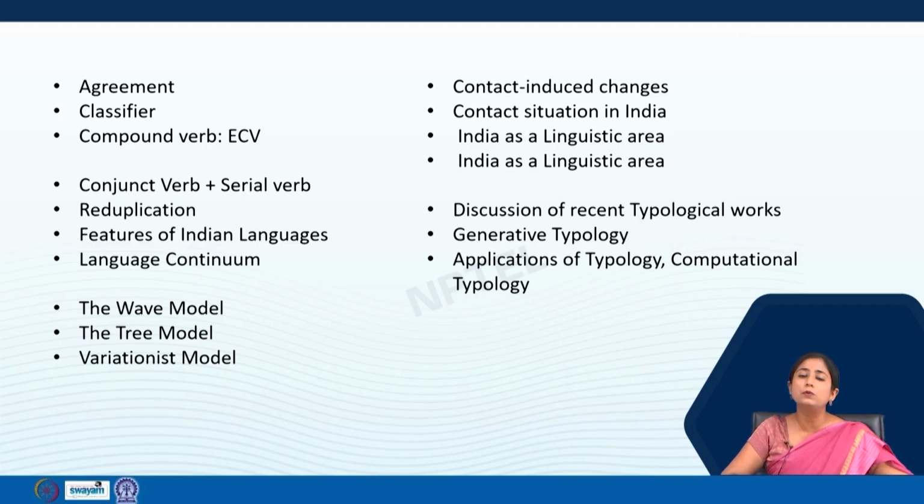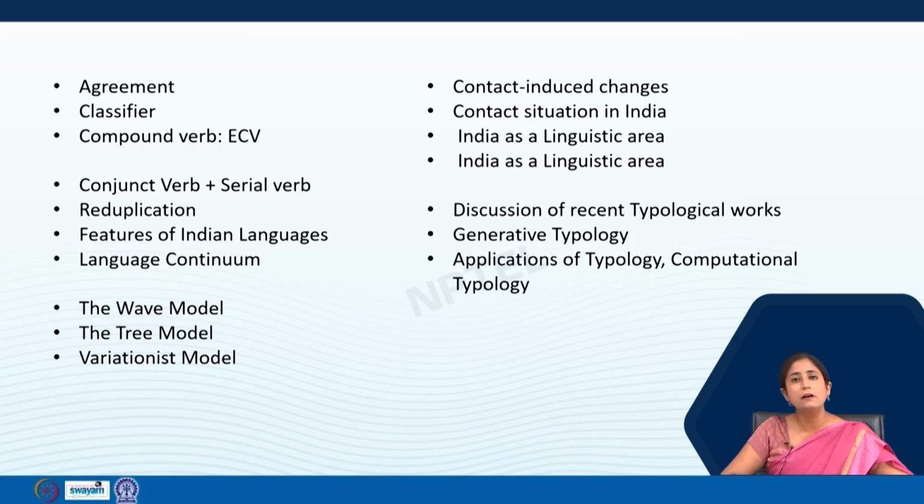How can we look at these features and predict other features? How have we categorized languages based on, say, case alignment or word orders or morphological patterns? That we will discuss here. We will talk about various interesting subtopics like reduplication, and also we will talk about features of Indian languages.